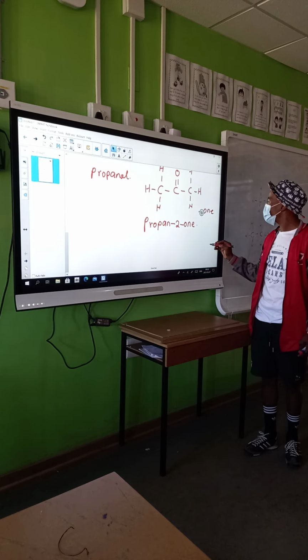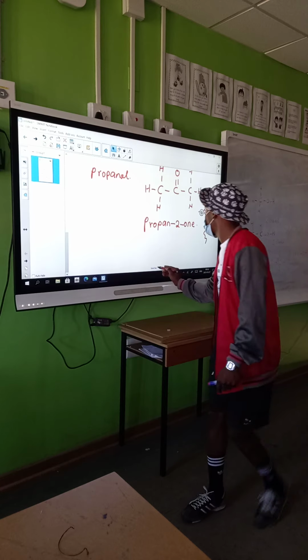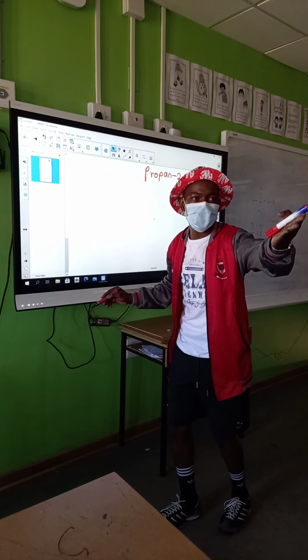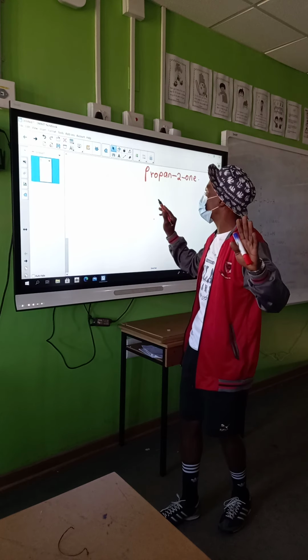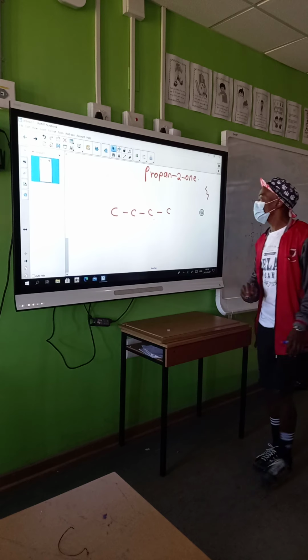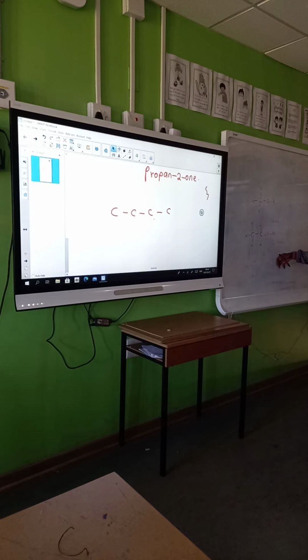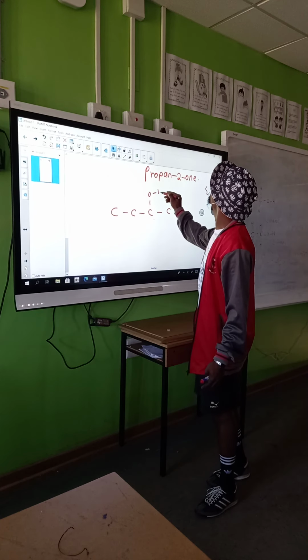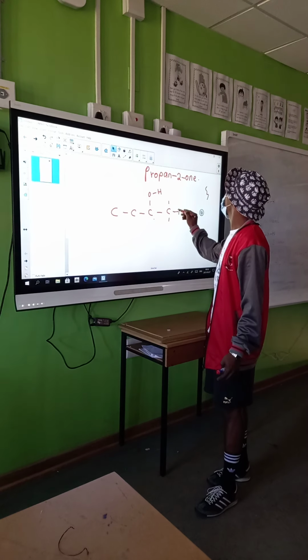I'll just draw it now. I'm going to draw exactly what I drew here because you don't see. So by carbon number 2, we have OH, and then we have hydrogens everywhere here.